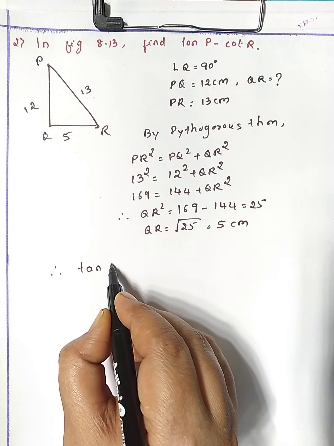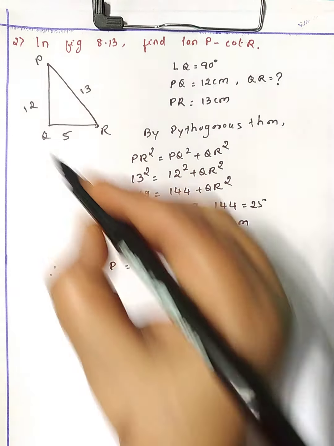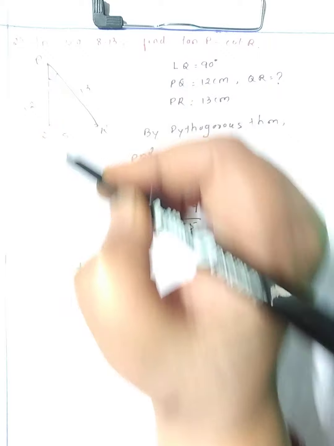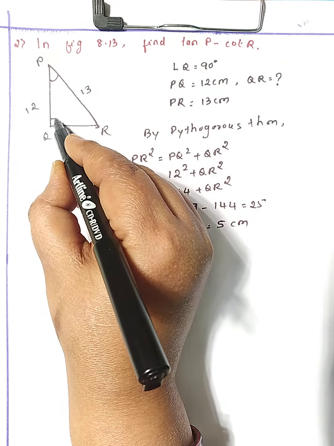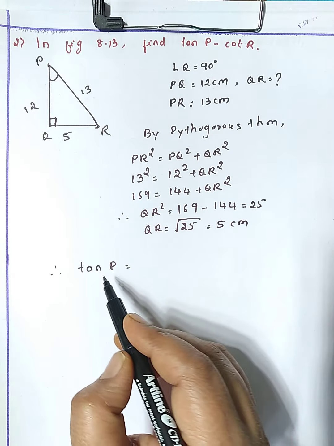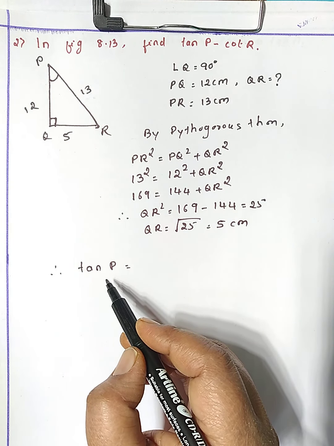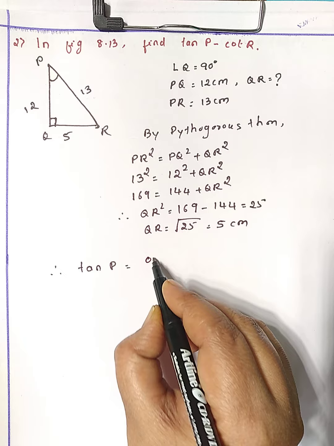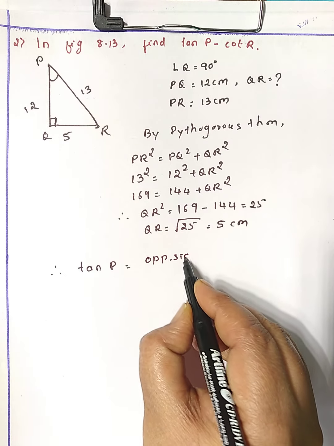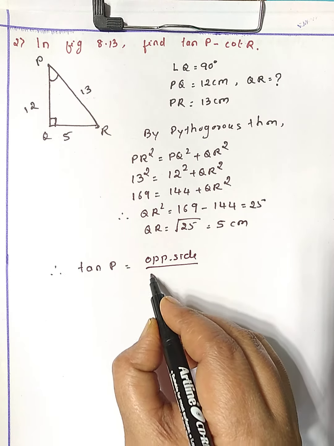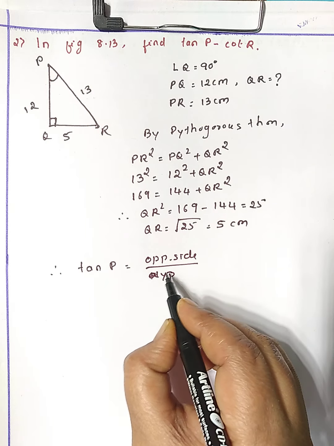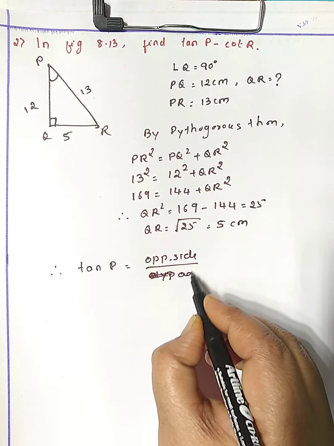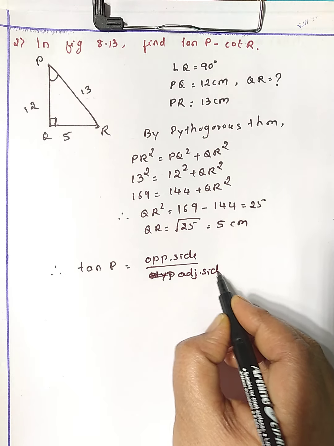First we will find out tan P. With respect to acute angle P, and Q right angle, the ratio of tan is opposite side by adjacent side.